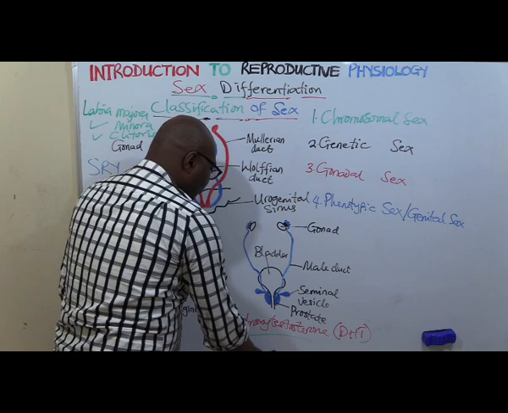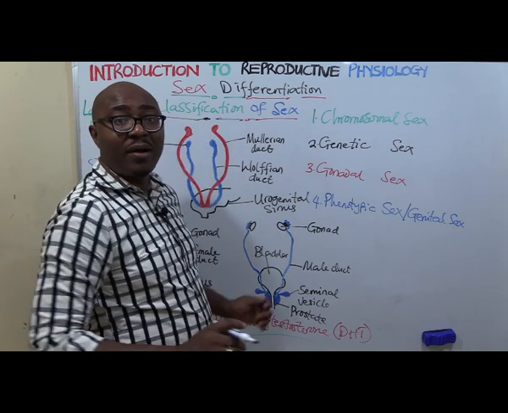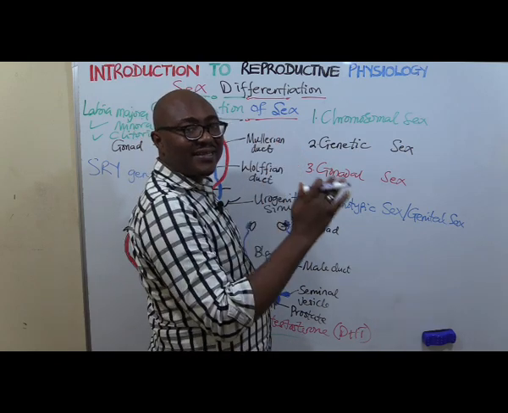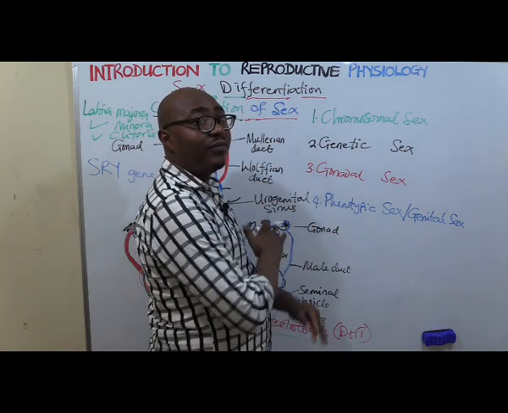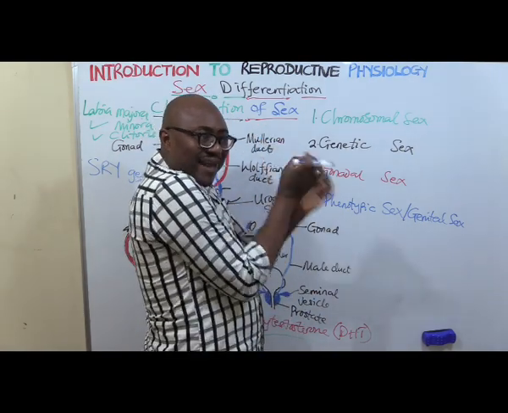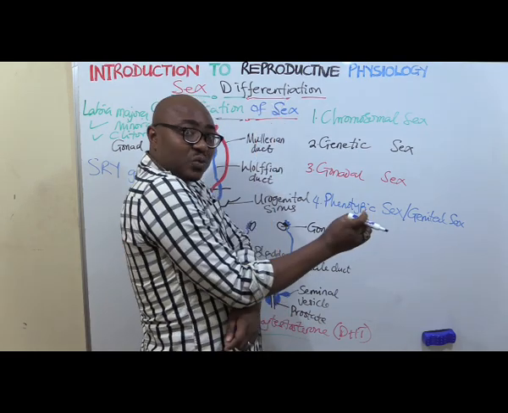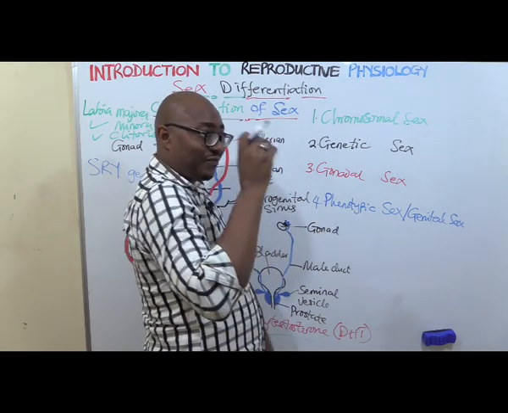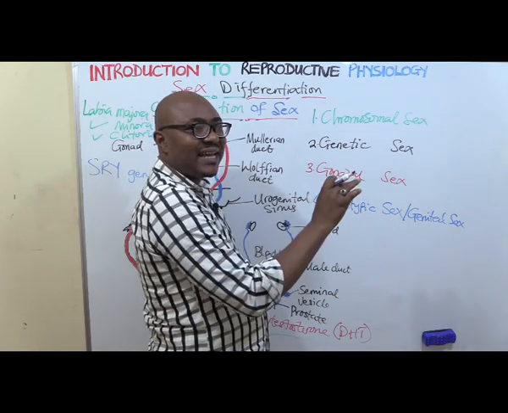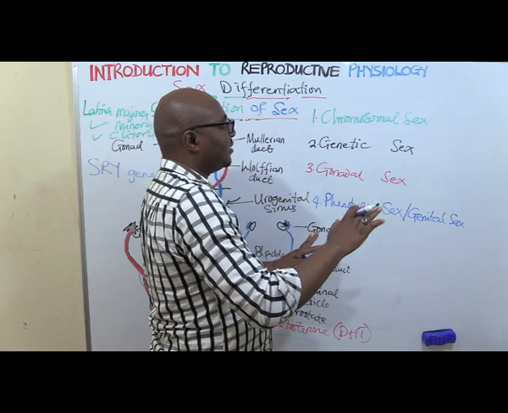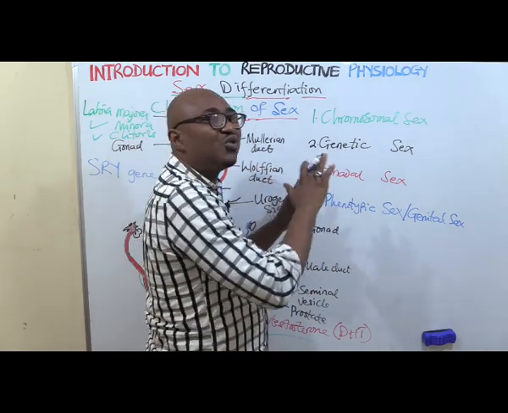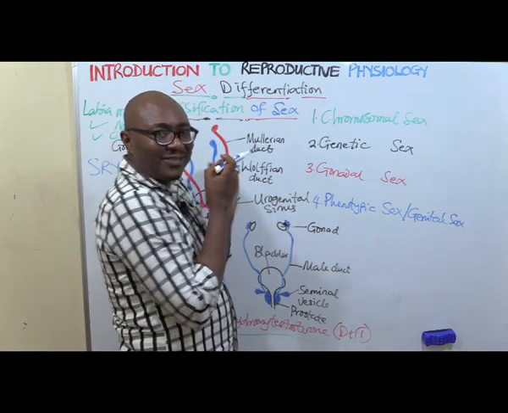From the word chromosomal sex, it means either the presence or the absence of the Y chromosome. So if a Y chromosome in the sperm fertilizes an egg, that means that person is male chromosomally. Do you understand this?